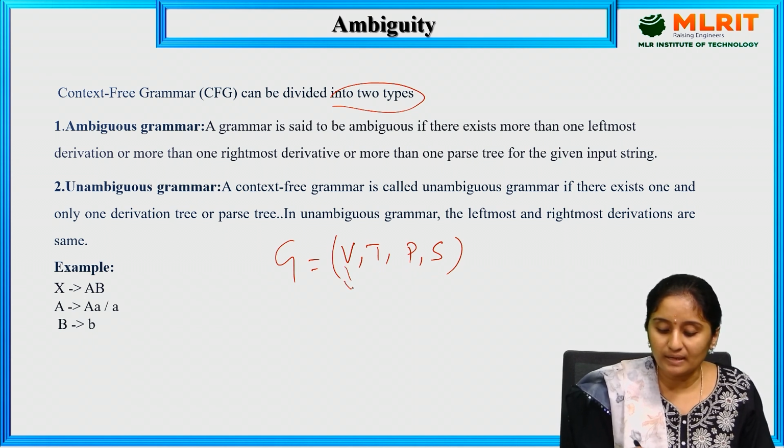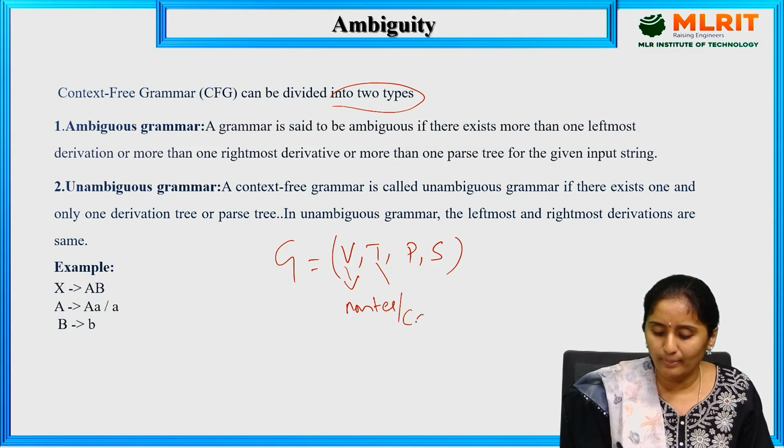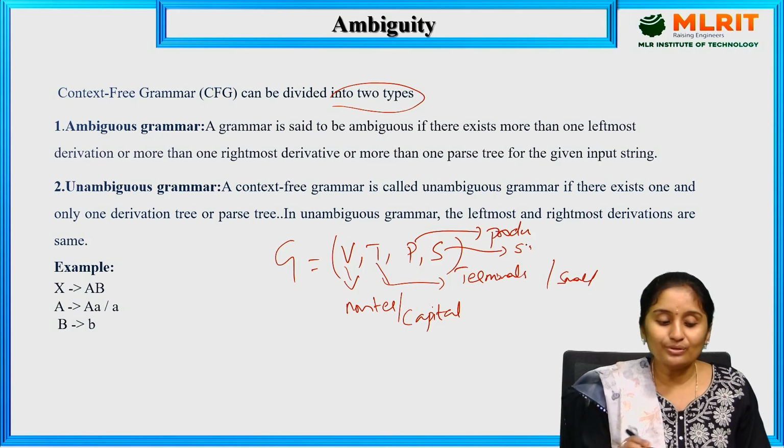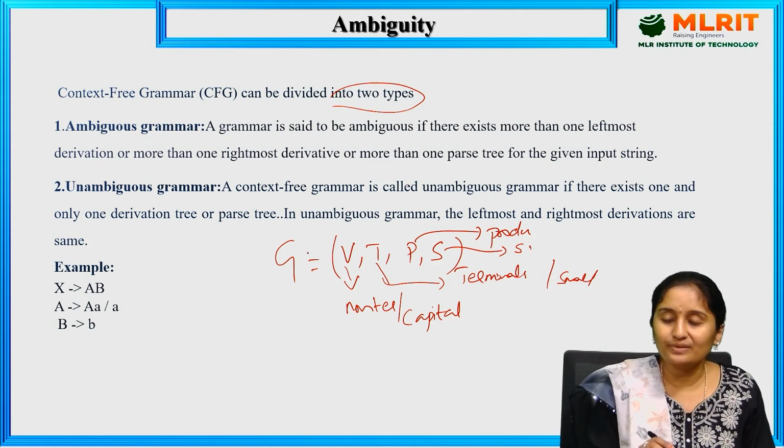The variables are the non-terminals, which are capital letters. T consists of terminals, which are small letters, P is the production rules, and S is the starting symbol. So the context-free grammar consists of these four tuples.